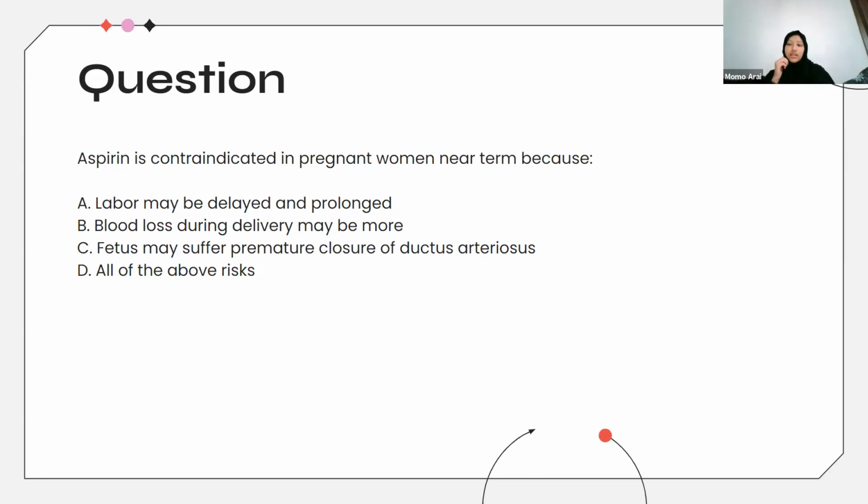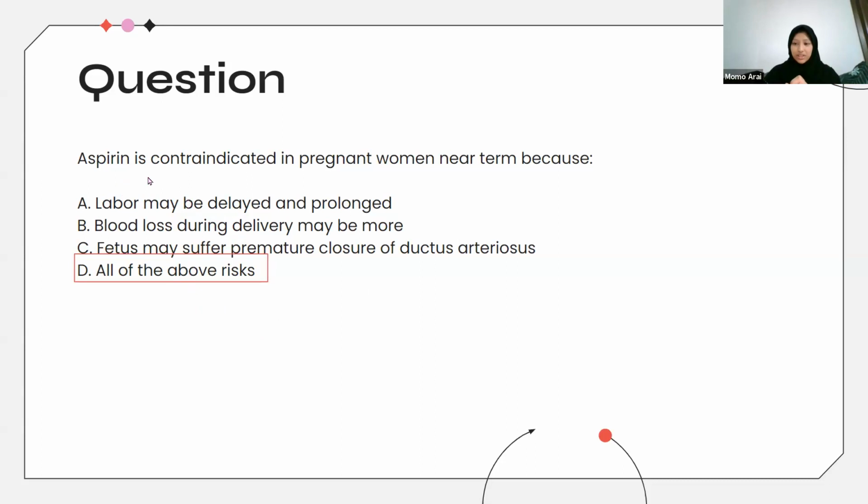Okay, someone said C, or D. Okay, some D. So if you're reading all the choices and they're all right, and there's an answer that says all of the above, it's usually the answer. In this case, I just want to explain why D is the answer, because these choices are all true for aspirin, okay?